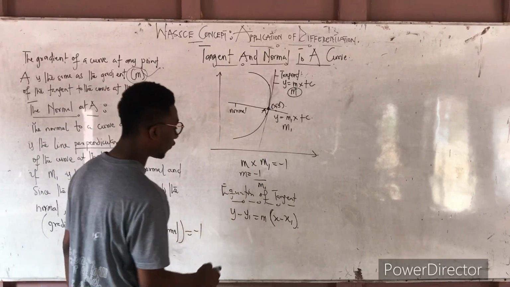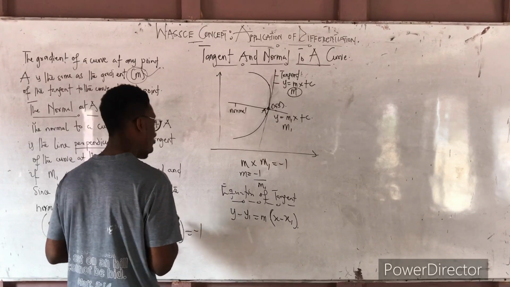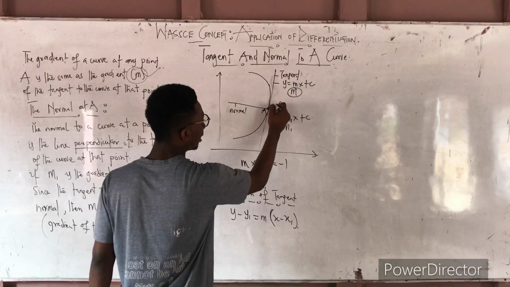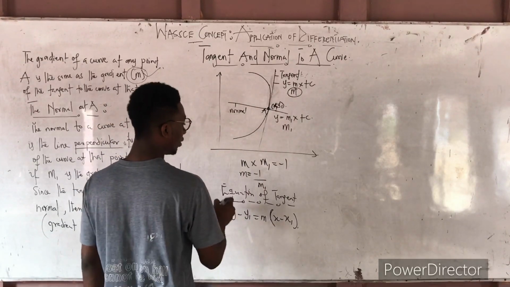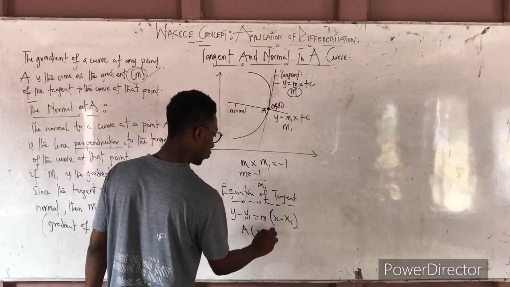So now you know your values for x1 and y1. So let's say here is the point (x1, y1). So A has point (x1, y1).